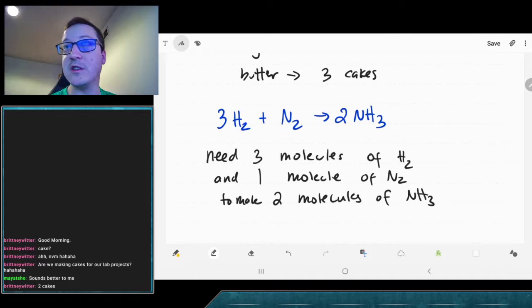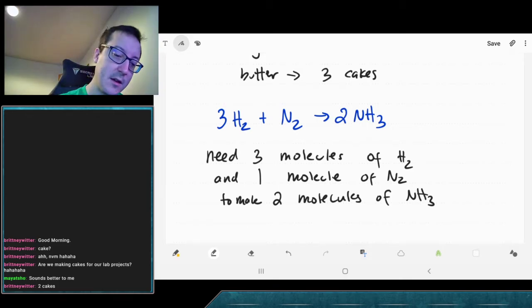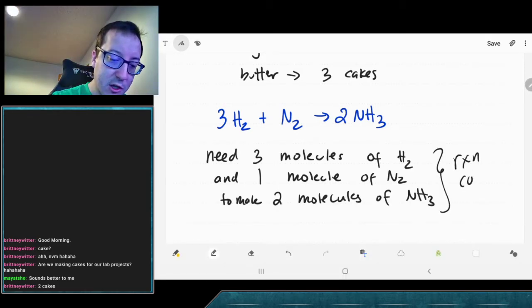That's what the coefficients mean, of course. So we would need 3 hydrogen molecules, 1 nitrogen molecule, and we would make 2 ammonias. That's what the reaction coefficients tell us. So again, this is just your reaction coefficients.